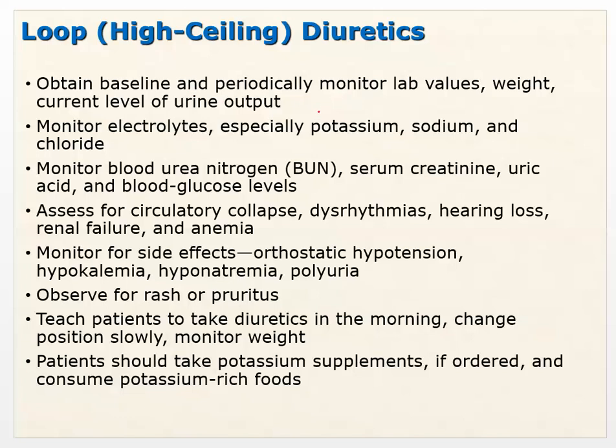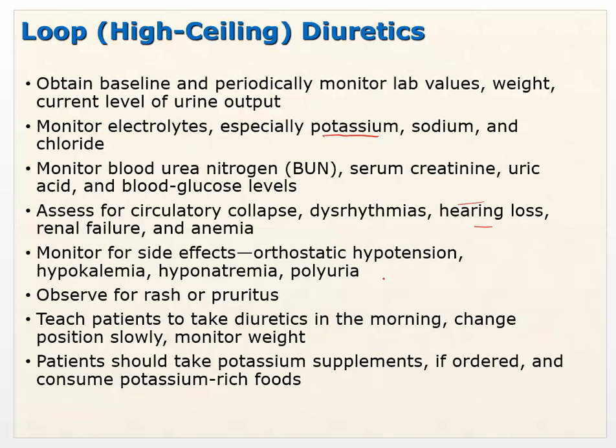Current level of urine output, yeah, makes sense. Monitor electrolytes, especially potassium, but sodium and chloride as well. Blood urea nitrogen, creatinine, uric acid, blood glucose levels, all of these things. Assess for circulatory collapse, dysrhythmias, hearing loss, there's that again, renal failure, anemia. So all of the things that are kind of involved with what you're doing.